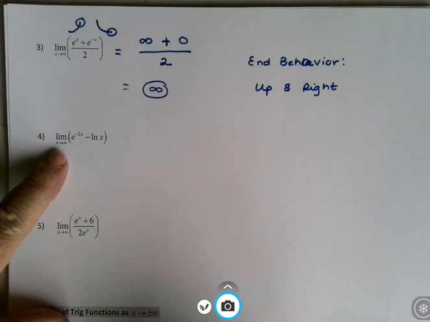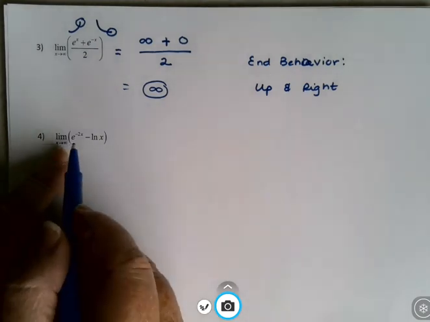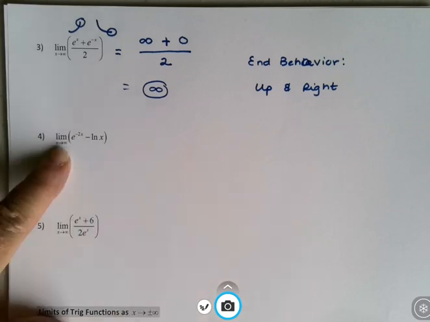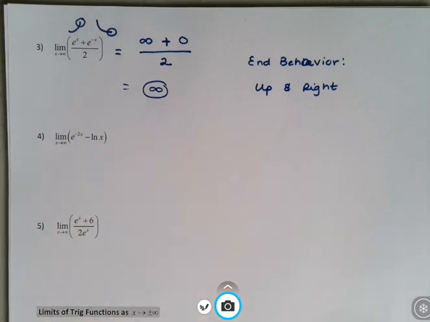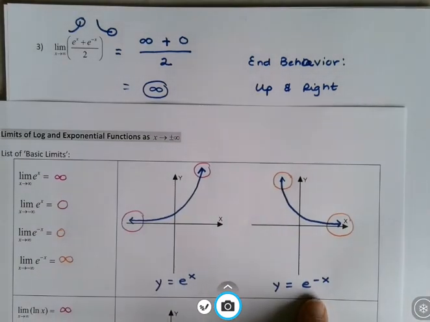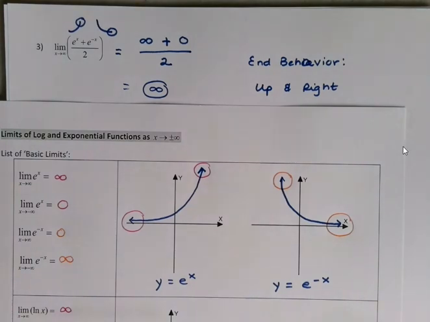All right, what about this next one? We've got the limit as x goes to infinity of e to the minus 2x minus ln x. Now this time we do have that e to the negative 2x, so let's talk about that for a moment. When we did the graph of e to the minus x, I did it very generally, right? I didn't try to plot any very specific points there.